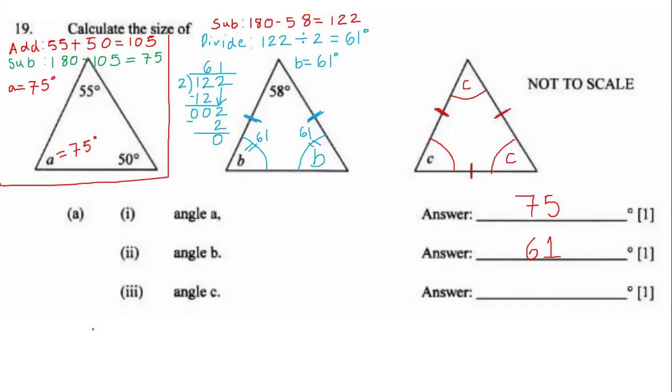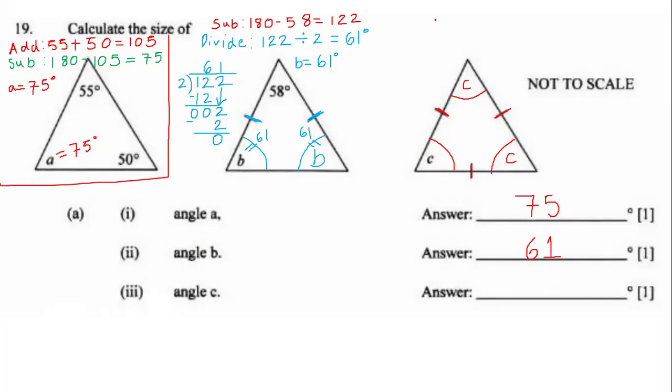Now we know that the sum of angles in a triangle adds up to what? 180. Very good. So we take 180 and divide it into 3 equal parts. That's all we're doing.